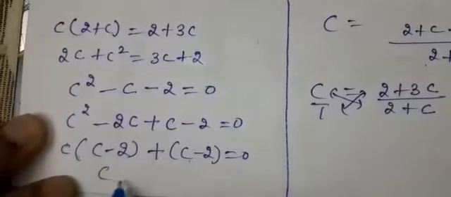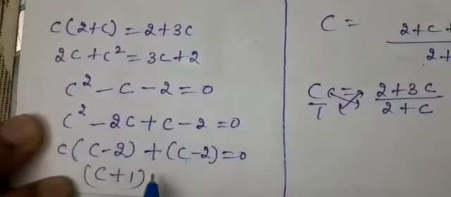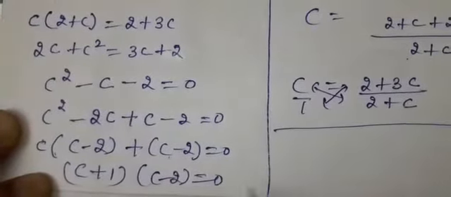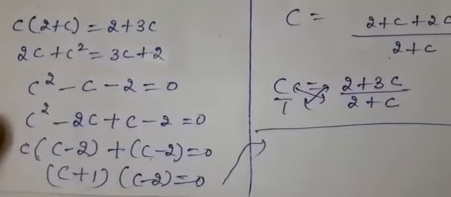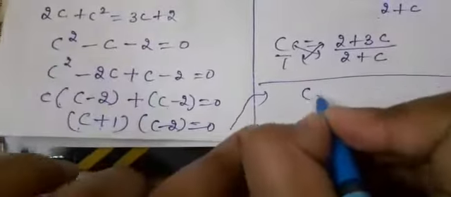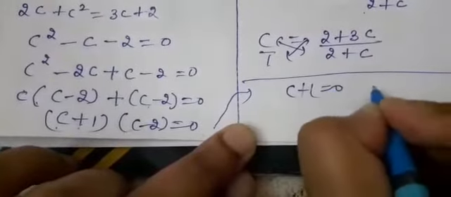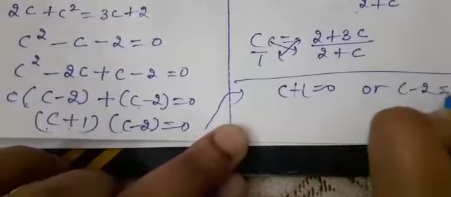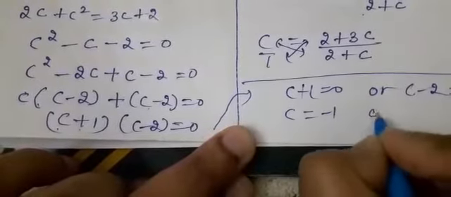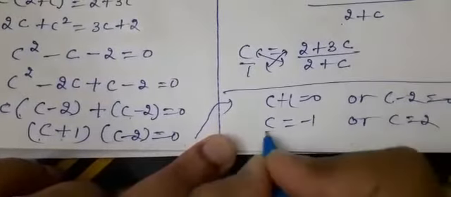Arranging in brackets, (C plus 1) into (C minus 2) equal to 0. Then this product will be 0 only if C plus 1 is 0 or C minus 2 is 0. So from here C is minus 1 or C is plus 2.